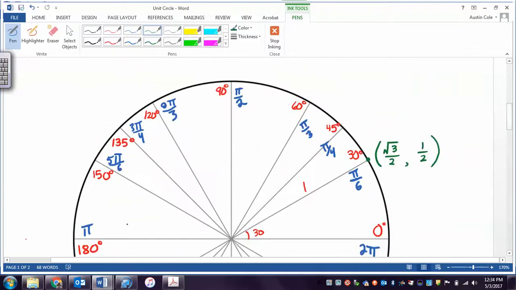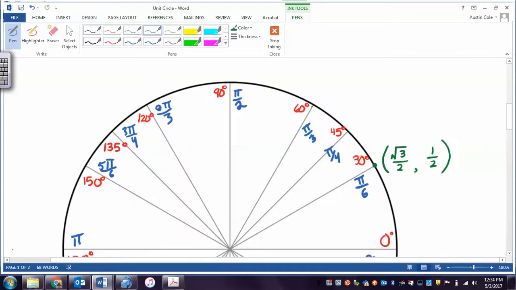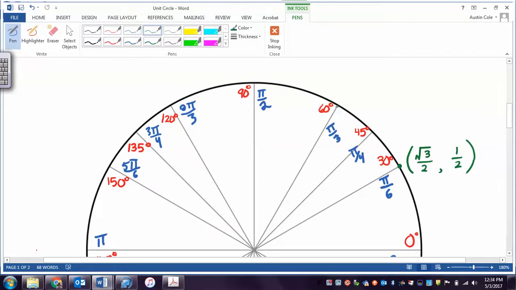Now, again, don't write this down. I'm going to skip 45, I'm going to go to 60. So if I think about the reference angle, the reference angle is the fastest way to the x-axis of 60 degrees. There's my angle, 60 degrees. What type of triangle do I have? 30, 60, 90.